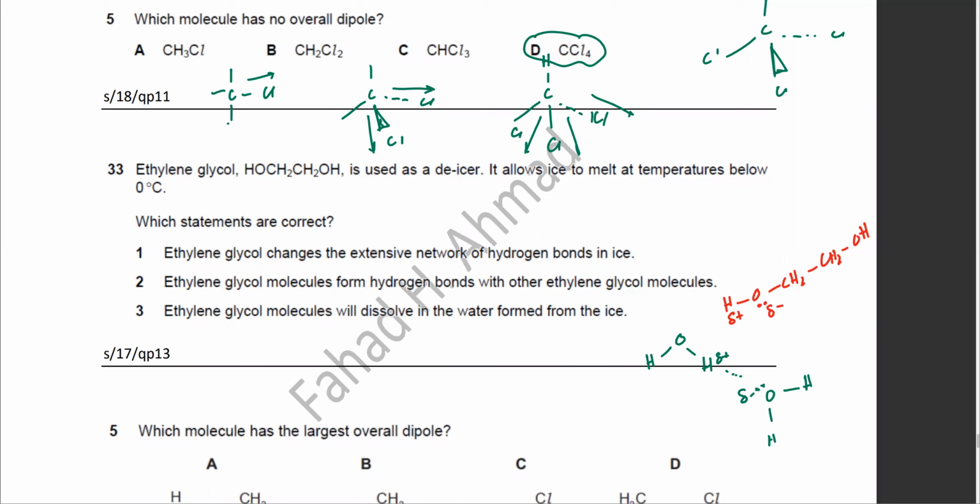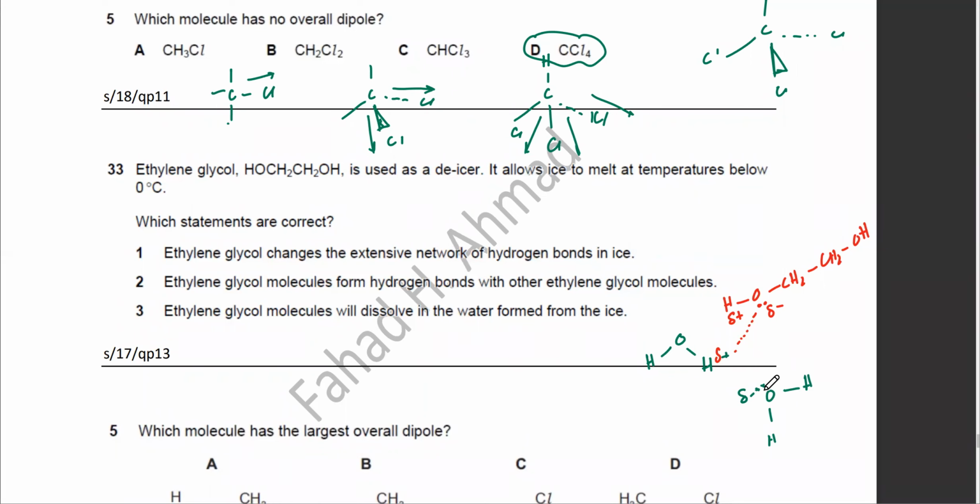So what it would do is, instead of the water molecule getting attracted to the lone pair of the oxygen over here, the hydrogen bond between the ice might break, because the H positive over here might get attracted to the lone pair of ethylene glycol. So it will change the extensive network of the water molecules.